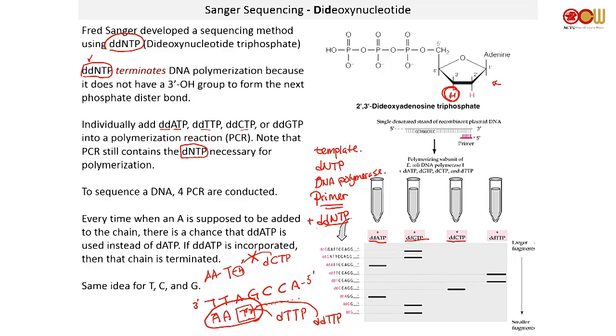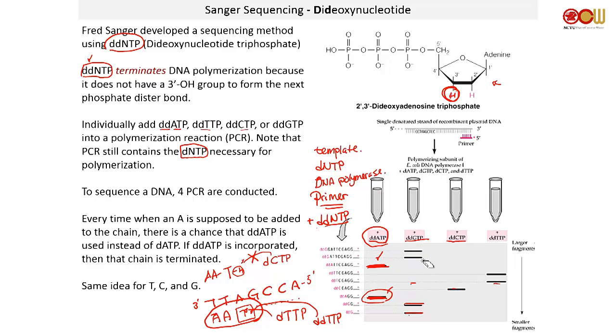In the 4 individual reactions, let's say you add ddATP, and every time you're supposed to have a dATP adding to your chain, you may have a chance of ddATP. As a result, you'll get premature termination. So what this band will tell you is that you added so on and so forth, and then you added A. Essentially, you do that to all 4 reactions, and you'll get bands of different sizes, right?